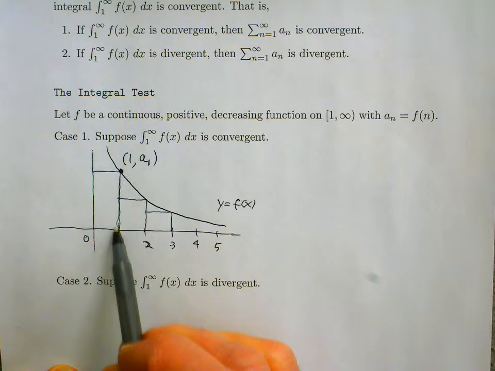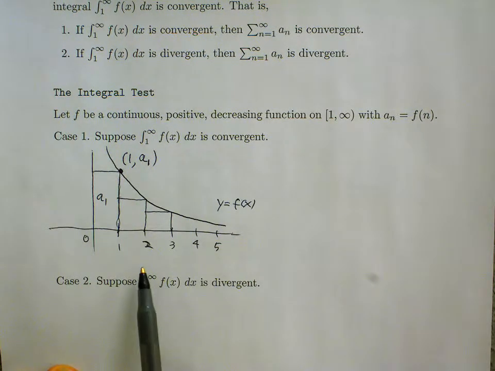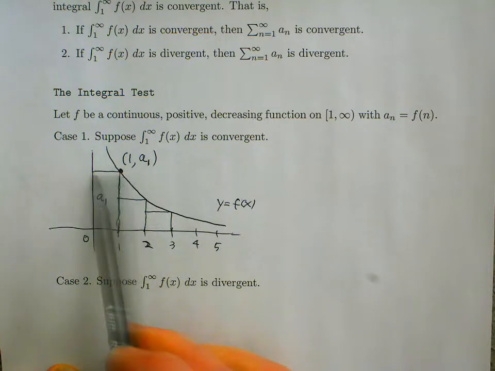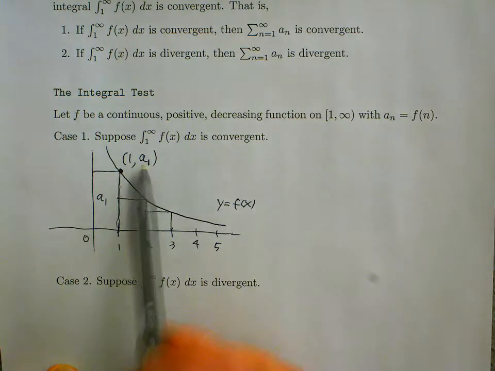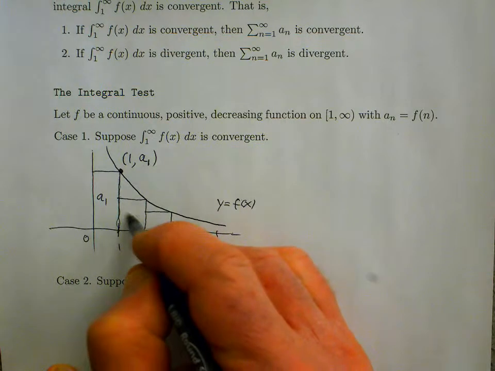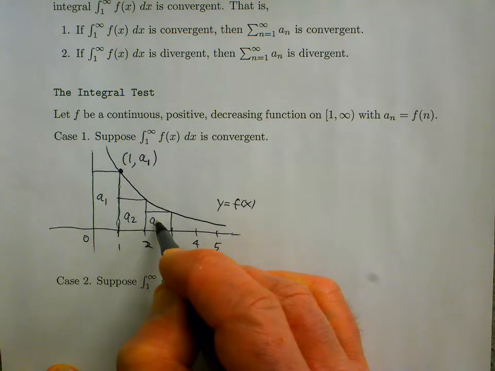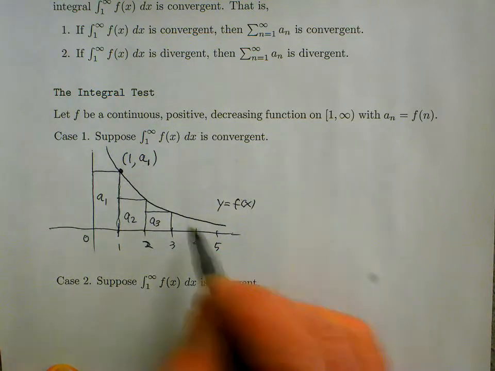And so the area of this first rectangle is a sub 1, because the height of that rectangle is the y-coordinate a sub 1. The area of the second rectangle is a sub 2, and the area of the next rectangle is a sub 3, and so on.